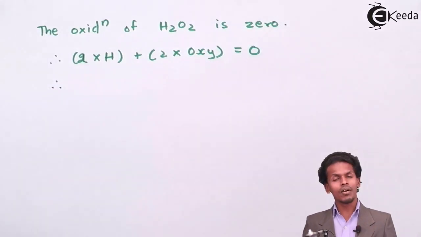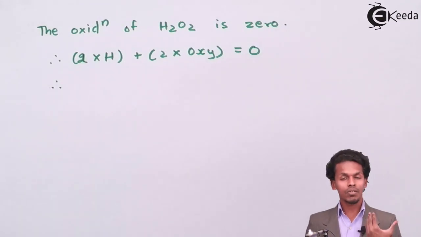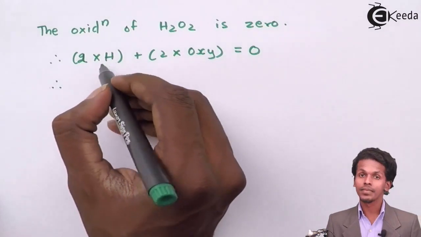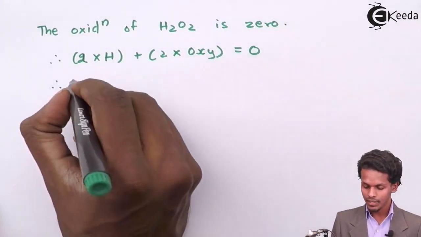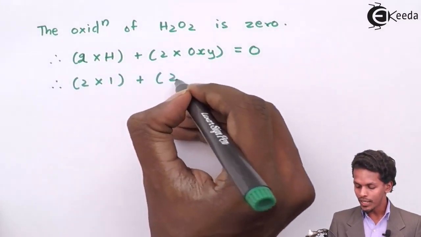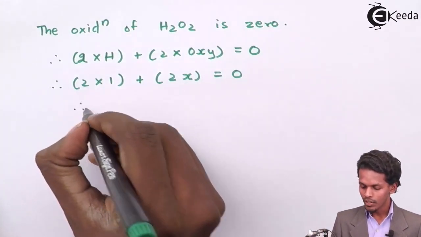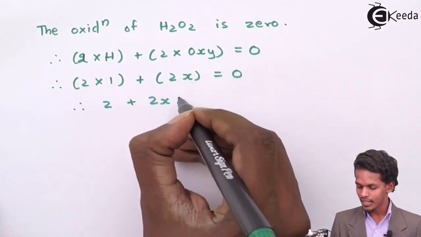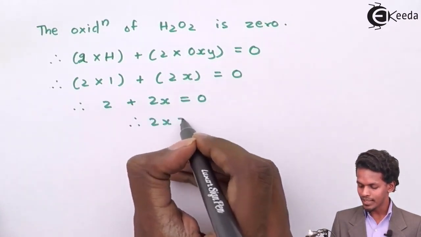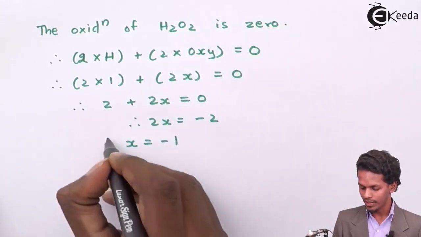Since we are determining the oxidation number of oxygen, we take it as x. For hydrogen we know the oxidation number, so it is 2 into 1 plus 2 into x, which is overall 0. Therefore 2 plus 2x is 0, so 2x is minus 2, and x is minus 1.